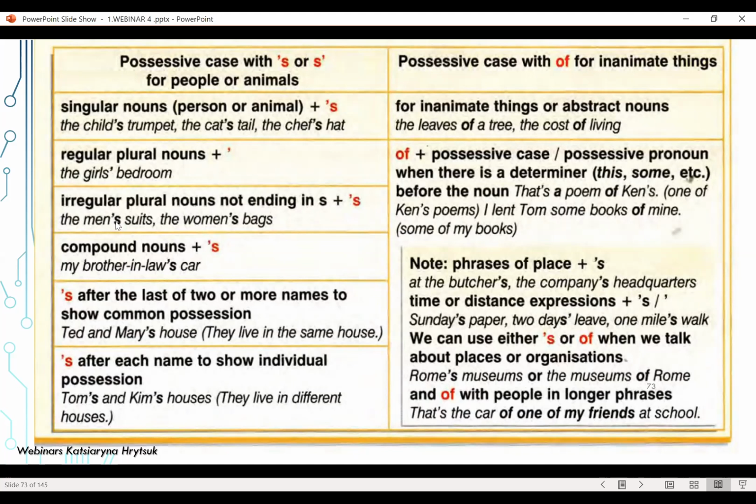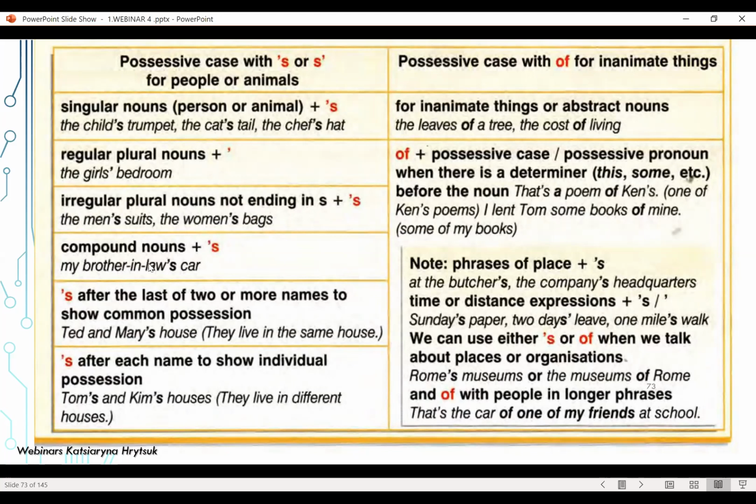So with irregular plurals, we use apostrophe s, because they are already plural. They're women's bags, okay? So you can add apostrophe s to make the possessive case, because women, it's not woman, okay? Women's bags.